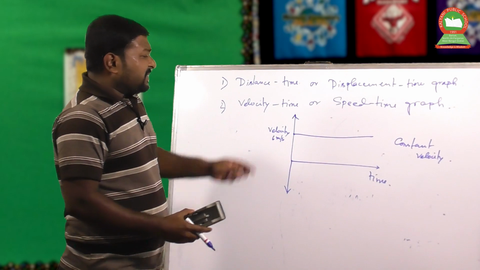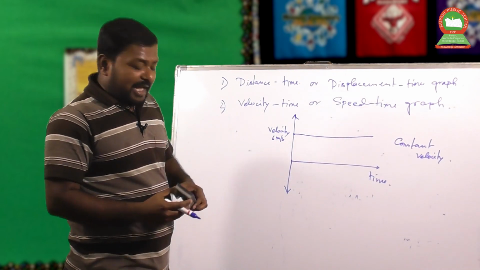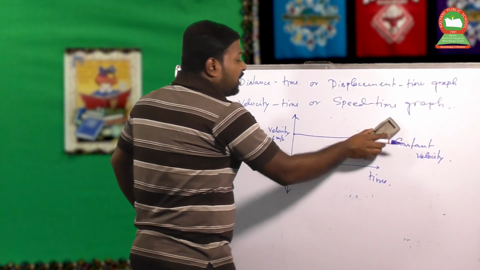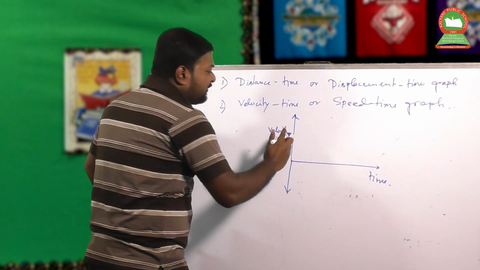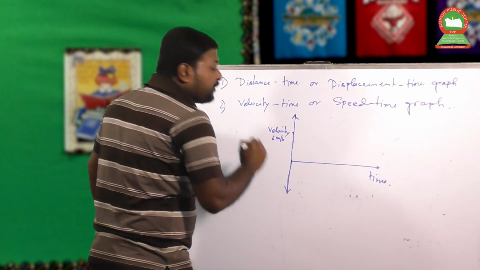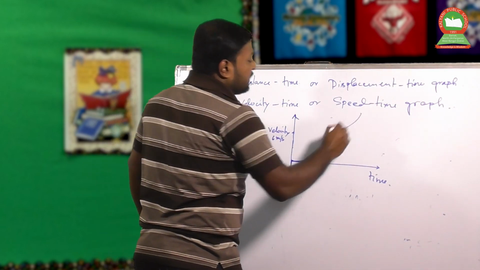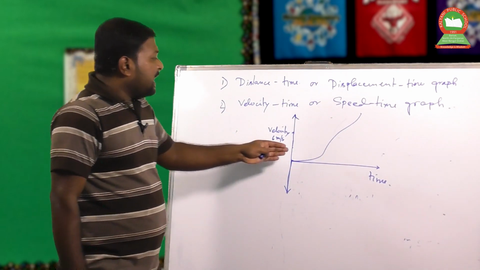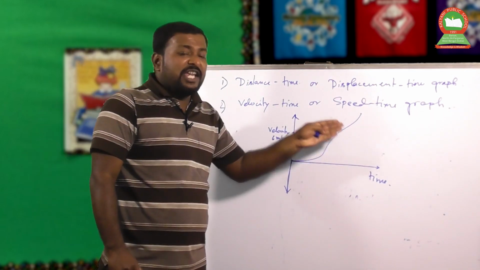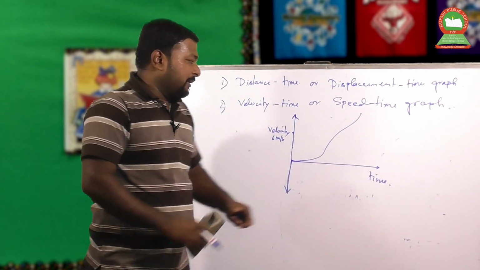Now, if the body is moving with a random velocity, then what is the nature of the curve? If the body is moving with a variable velocity, that means non-uniform motion, then the body's motion should be like that. Why? Because the velocity's value changes with respect to time.